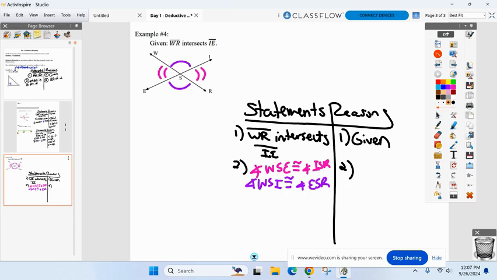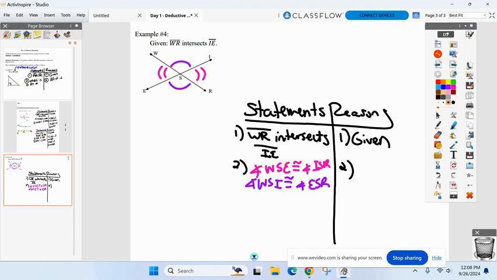Now, here it is. This is not definition of vertical, because the definition of a vertical angle is two opposite angles formed by intersecting lines. It has nothing to do with being congruent. I know it's been so long, but in Unit 1, I gave you these things called theorems, which are facts. There were two of them.